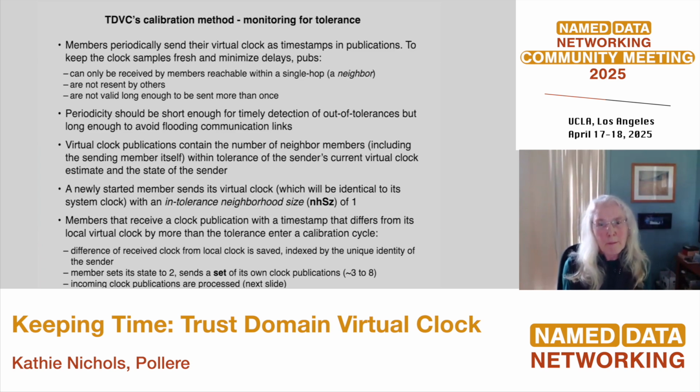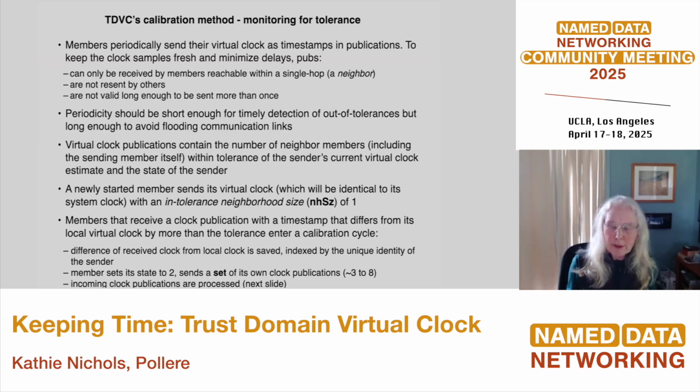And if any member gets a clock publication with a timestamp that's farther away from their local virtual clock than that tolerance, they go into a calibration cycle. They save the differences and keep track of them by sender, and they go into this state where they're going to keep sending sets of their own clock publications, and then they're going to process these.